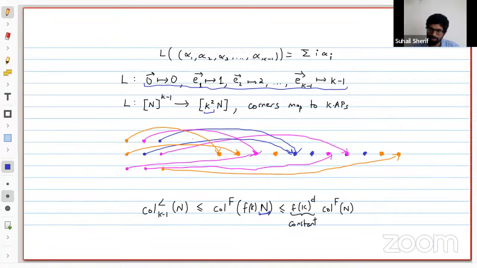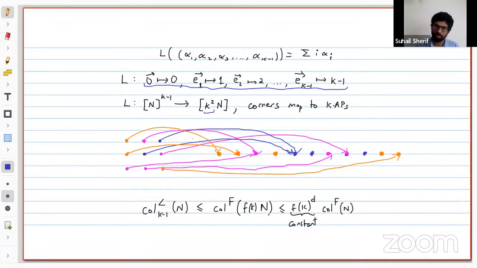Did that make sense? Yeah. All right. So we'll be ignoring all these constants that pop up. They're annoying to deal with in real life, but for this talk we'll just ignore them. The reduction is that if you construct large corner-free sets, that implies large AP-free sets. Is that right? No, it's the other way around.